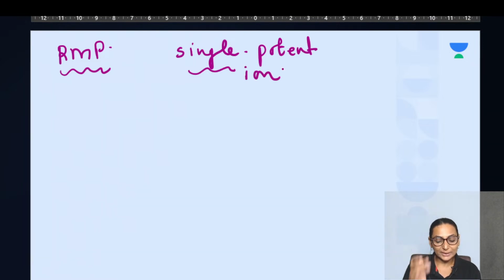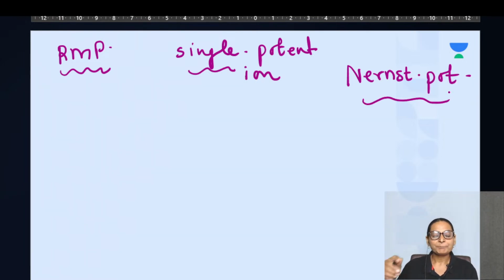So we will be calculating the single ion potential with the help of Nernst potential. So one important MCQ: whenever we have to calculate the potential of a single ion, what do we use? We use Nernst potential, because when there are multiple ions, we use a different equation, right? That is called the Goldman-Hodgkin-Katz equation.